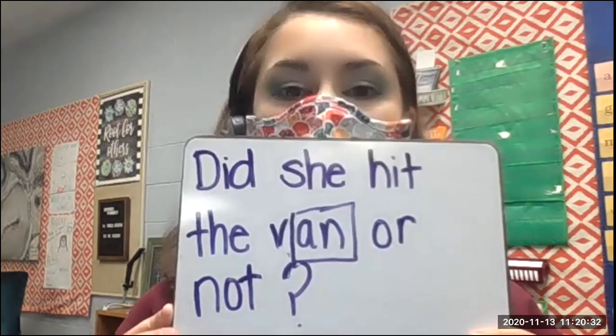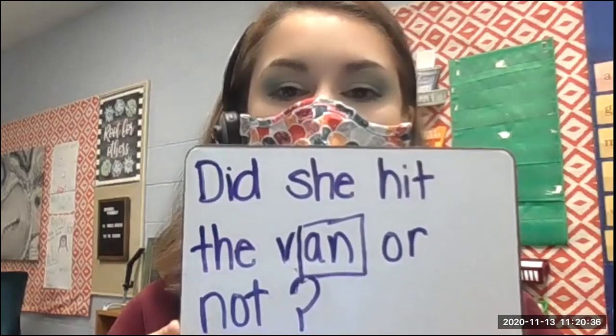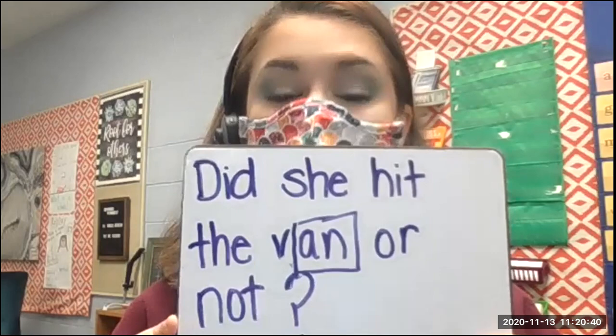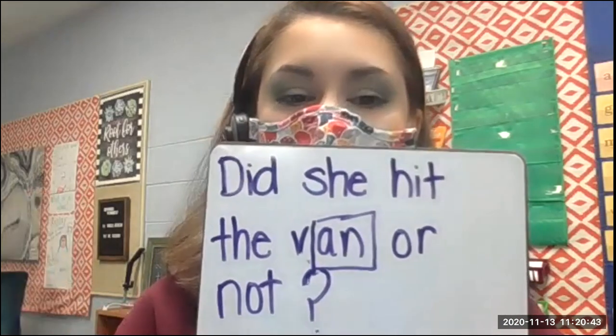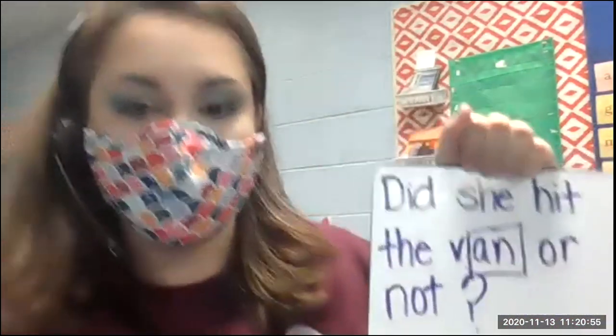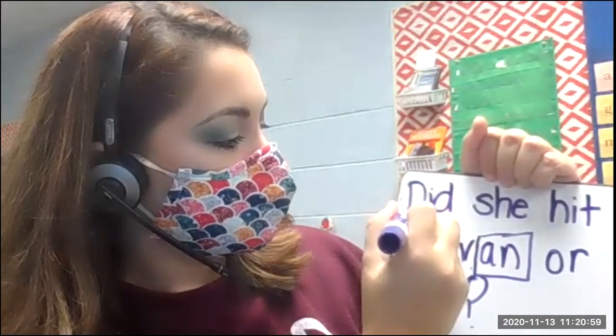And then let's figure out how we would scoop it. If we were saying it, we would say, did she hit the van or not? So I hear two scoops. Mine goes down to several lines, so I'm not going to end my scoop until I get to the part that I would pause. I would start my scoop at the beginning.